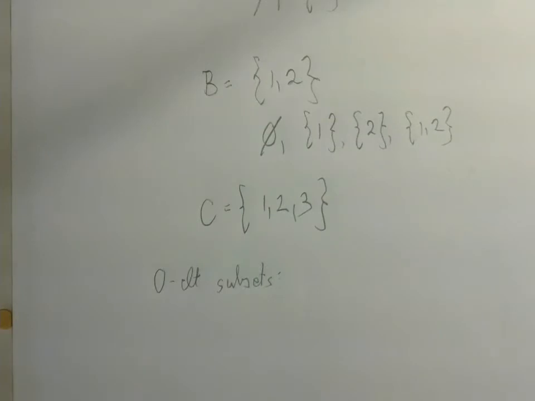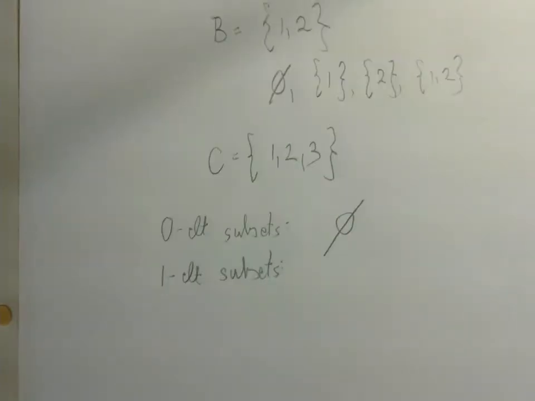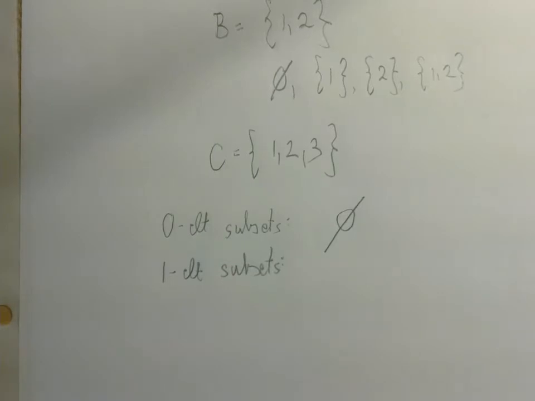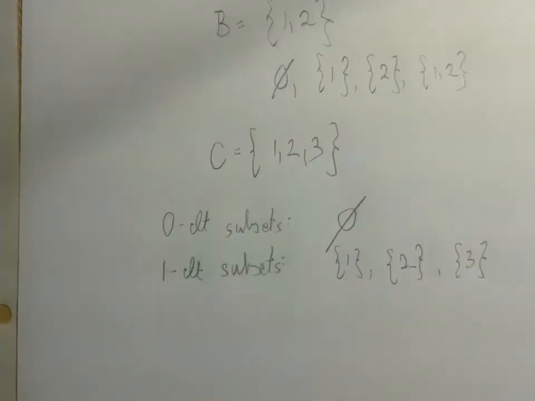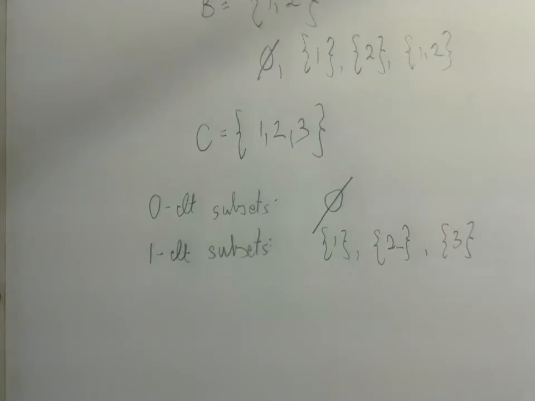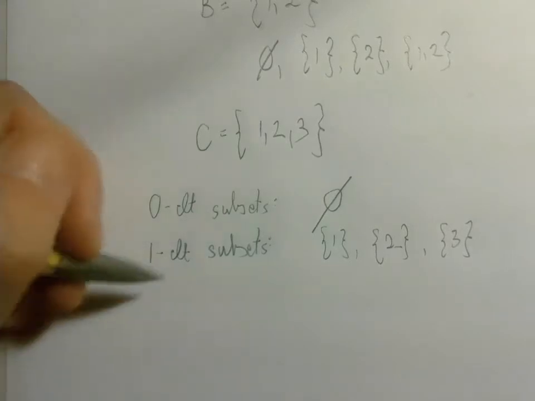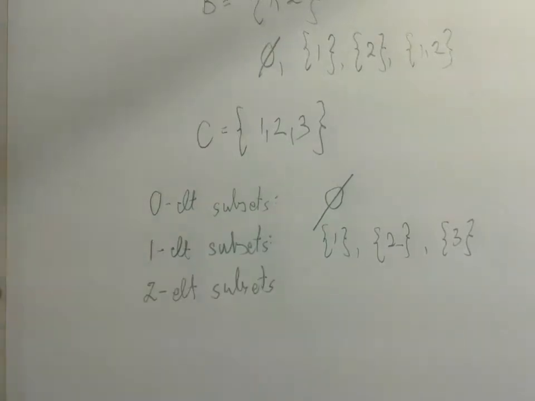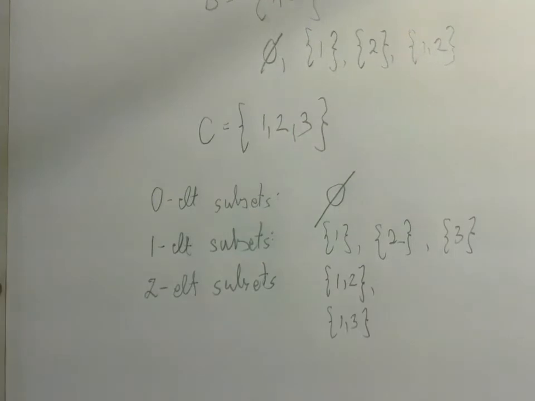Alright, so we have the 0-element subsets. That is just the one, the empty set. For 1-element subsets, well, we can have just 1 in the set, or just 2, or just 3. So there are 3 1-element subsets. For 2-element subsets, there is {1, 2}, {1, 3}, and {2, 3}.